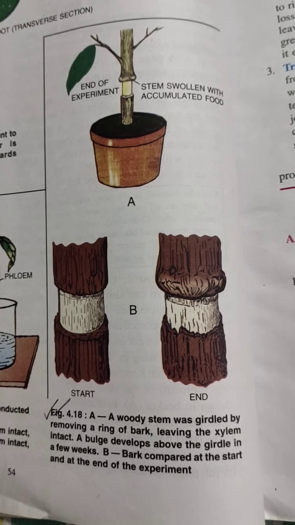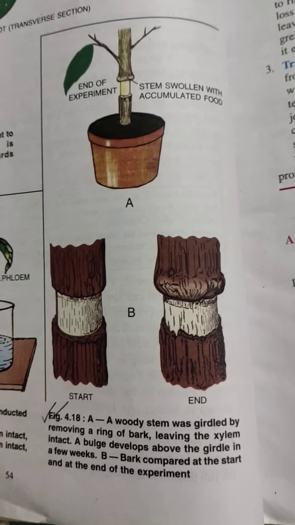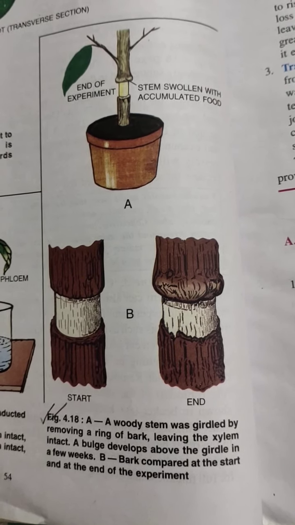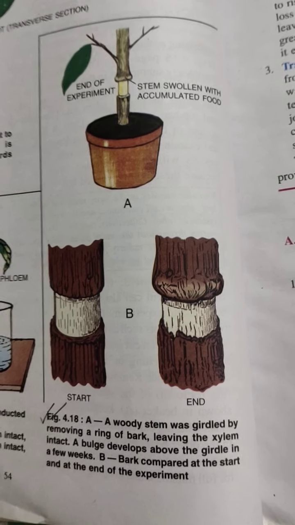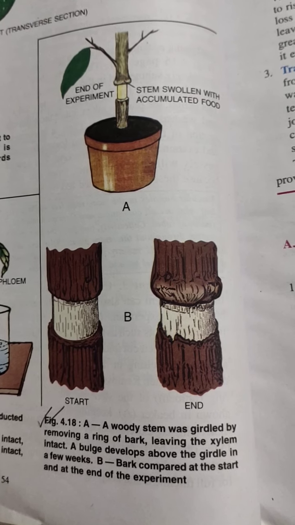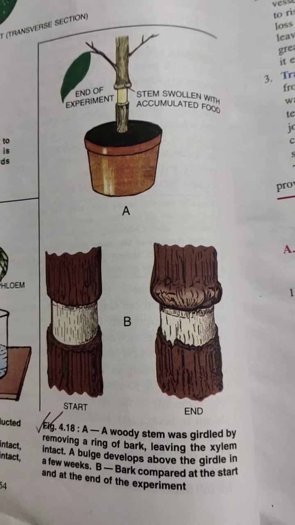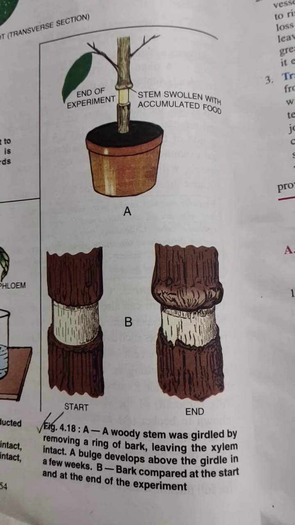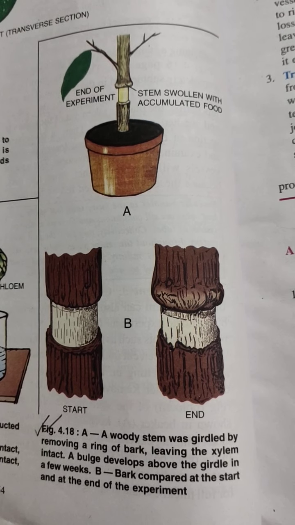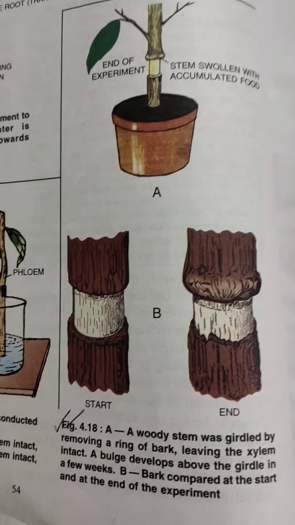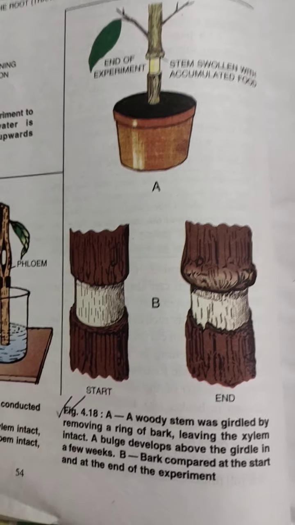So definitely xylem is intact, we have done whatever we want to do with the phloem, and because the phloem has been removed in the middle, the food cannot be conducted downwards. That is why all the food which was traveling from the upper direction has accumulated at the last portion of the upper part. That is why it is swollen up. Clear? So this diagram is very important and also a very easy kind of experiment.